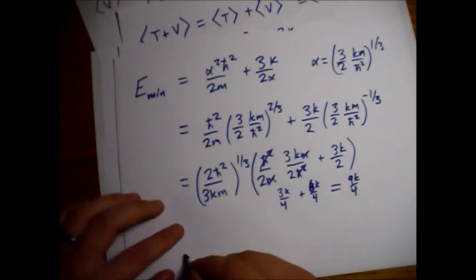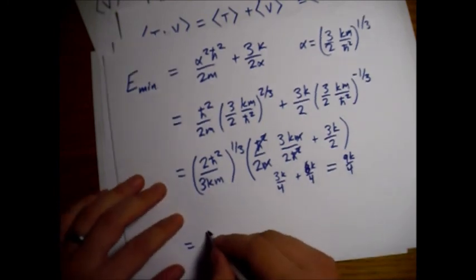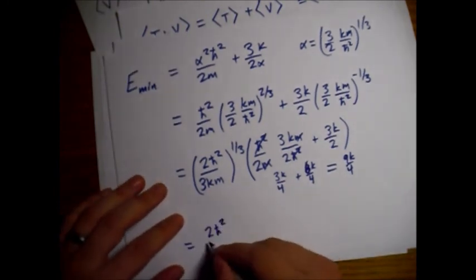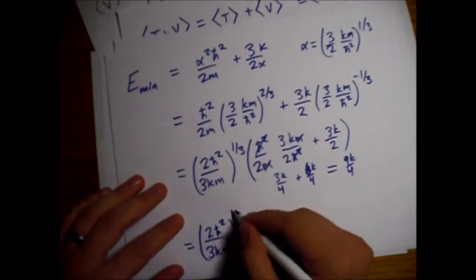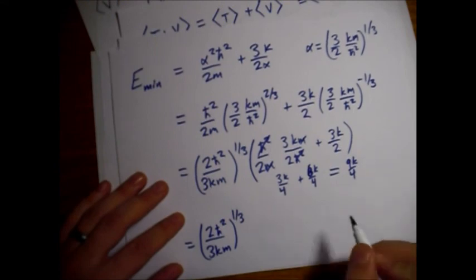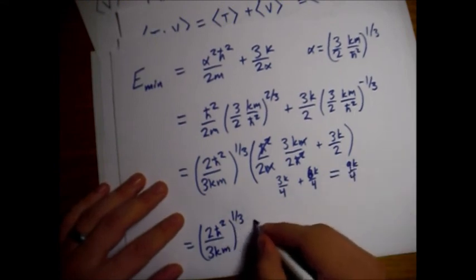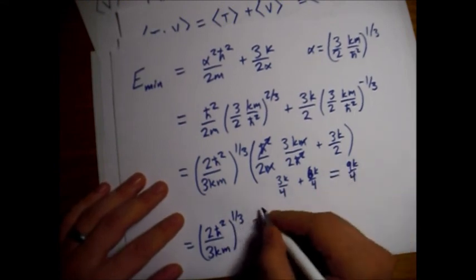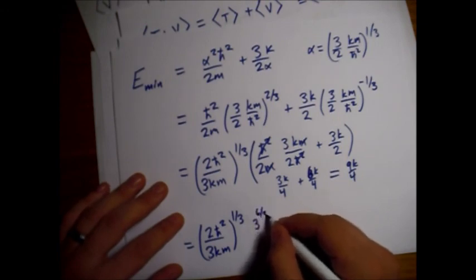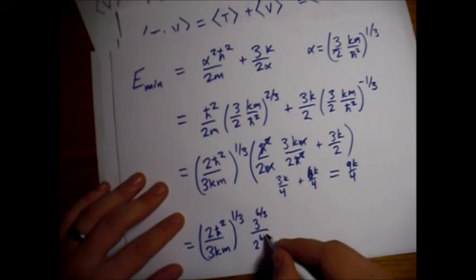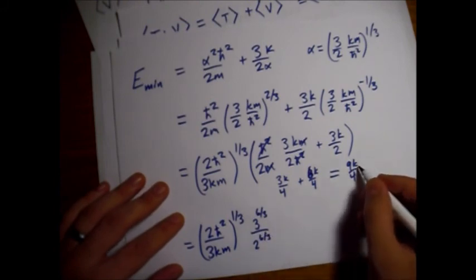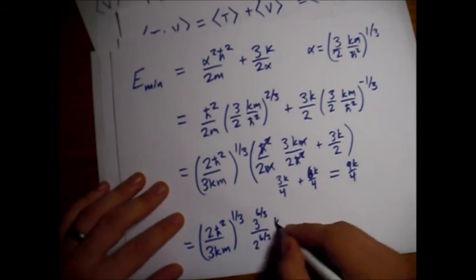So then if we write that, we have a 2 h bar squared over 3 km, this is to the 1/3. And then we write this as a 3 squared, or 3 to the 6/3, over 2 squared, or 2 to the 6/3, and then a k to the 3/3.